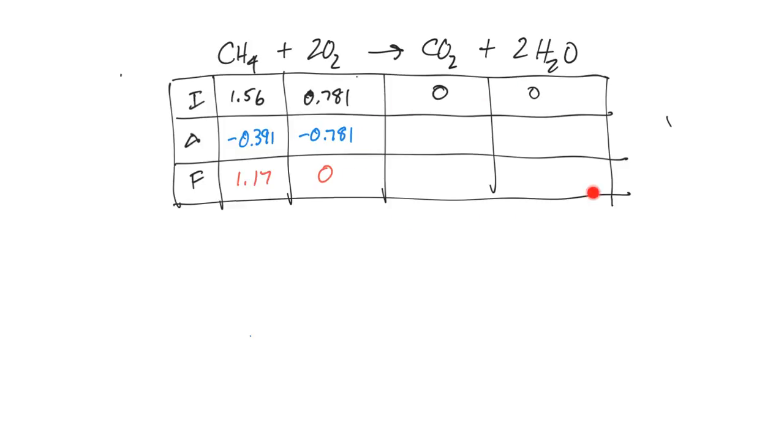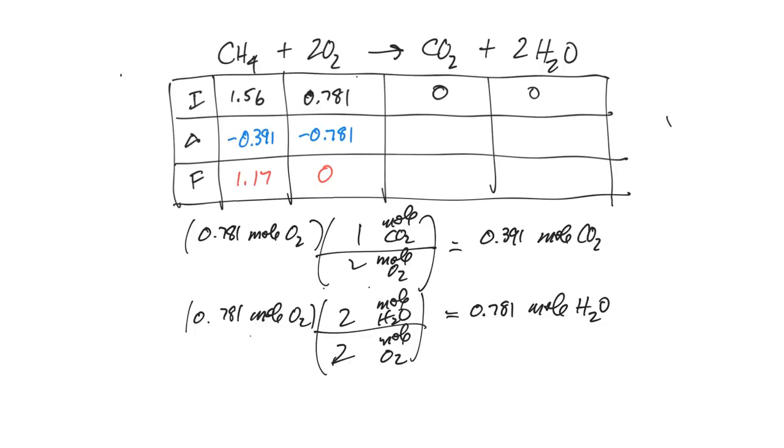The next part would be, how do I fill out this over here? Notice that given that this table is strictly moles, I can just use mole ratios to determine the amounts that go into those cells.